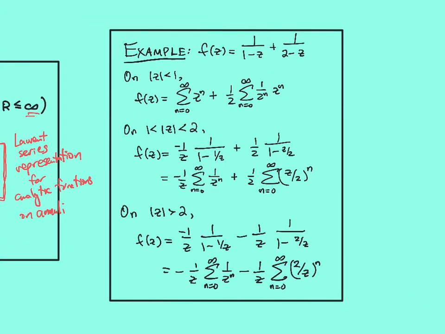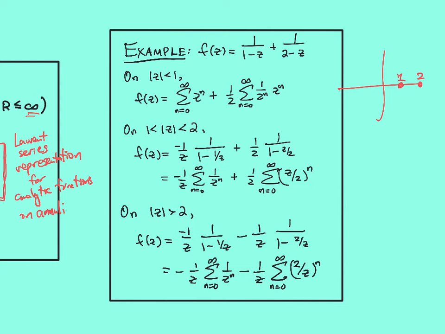Here's the function 1 over 1 minus z plus 1 over 2 minus z. And so this function is analytic everywhere except at 1 and 2.